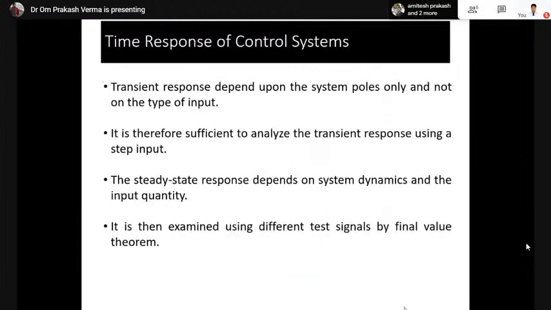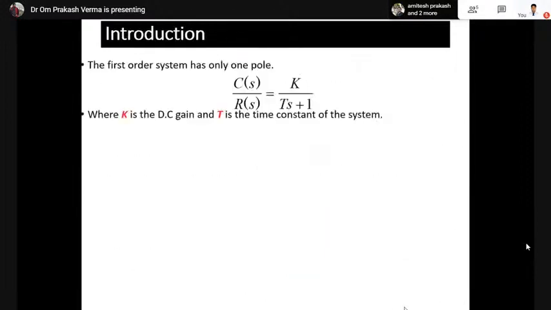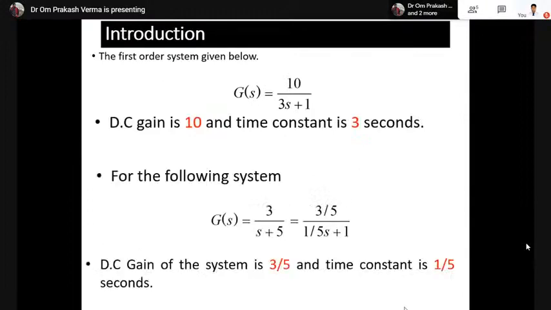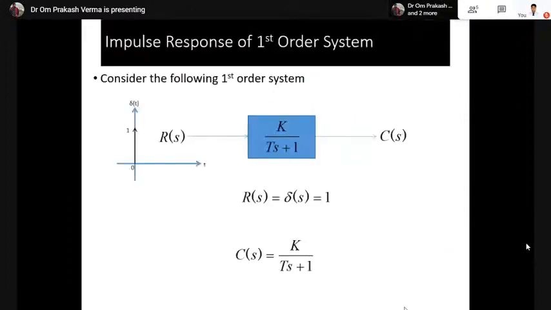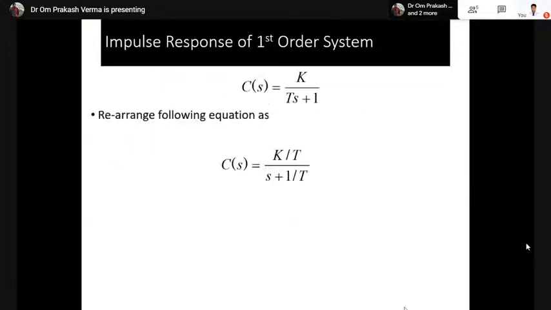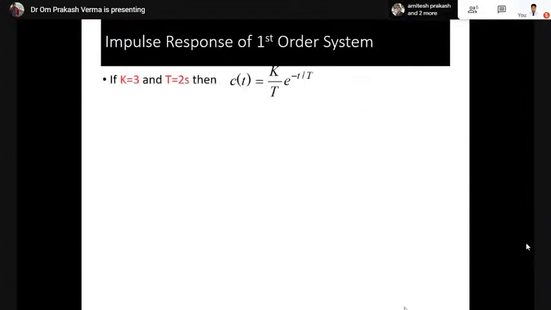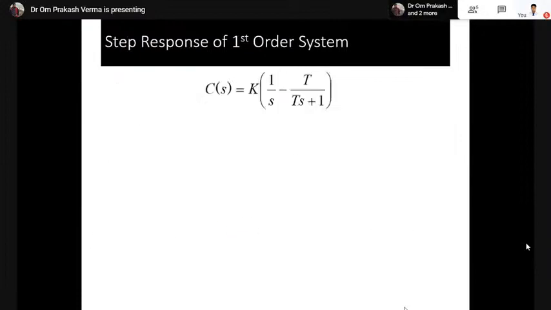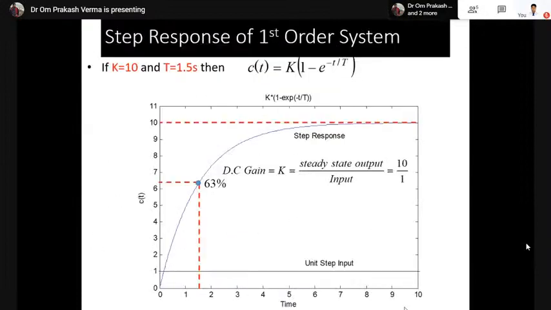Then we discussed the first order system and the response of that first order system using the impulse input as well as the step input. And we checked the response of that system.